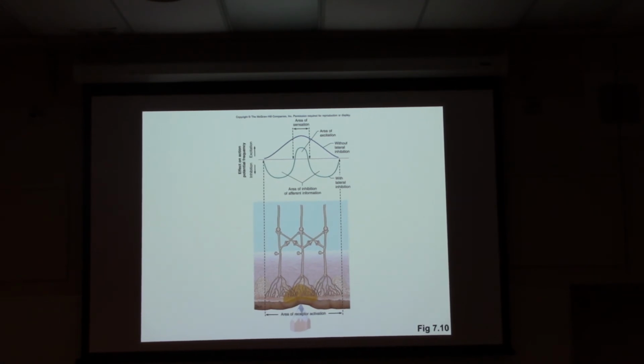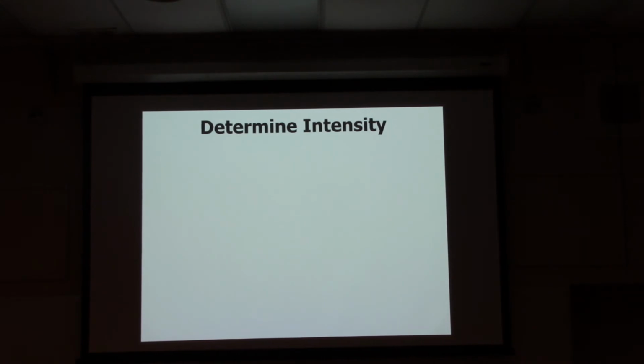Okay. Let's move on to intensity. How do we know how intense the stimulus is? How do we perceive the intensity? Well, we already know this. It's the frequency of action potentials. The higher the frequency of action potentials, that correlates, in most cases, to the strength of the original stimulus.